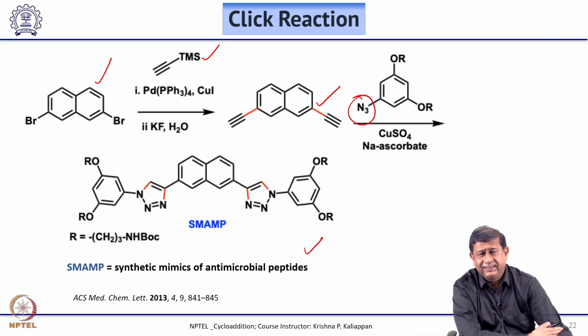So after the click chemistry became famous, there are many natural product like molecules which were synthesized using this click chemistry, and it can be done in large quantity, because when you do any 1,3-dipolar cycloaddition between azide and alkyne, if you heat it beyond certain temperature, for example if you heat it beyond 80 degrees, because azide is known to be explosive, such reactions should be carried out very carefully.